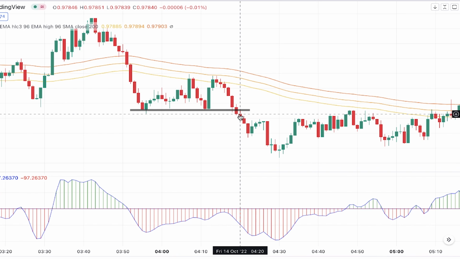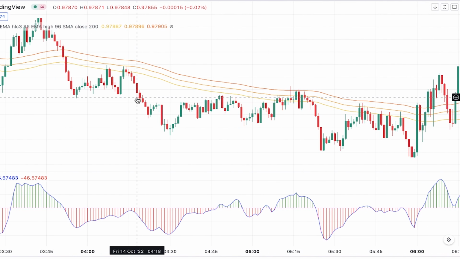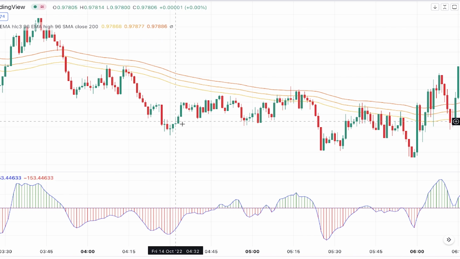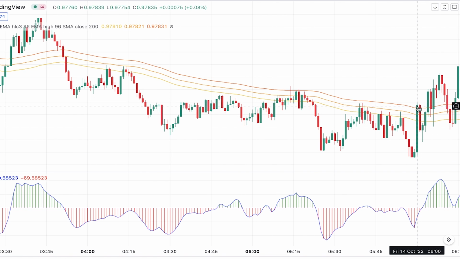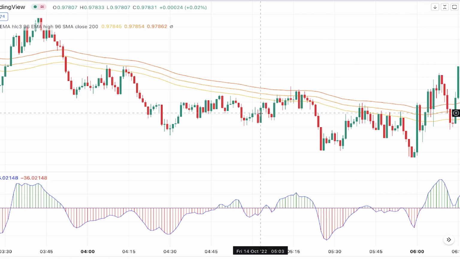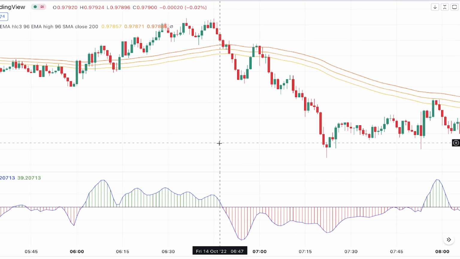The stop loss for this trade is placed above the moving average zone, and for the profit target, if we set it at the risk to reward ratio of 2, the profit is taken successfully. But if we wait for the candle closed above the zone, which happened here, we end up with a very small profit.